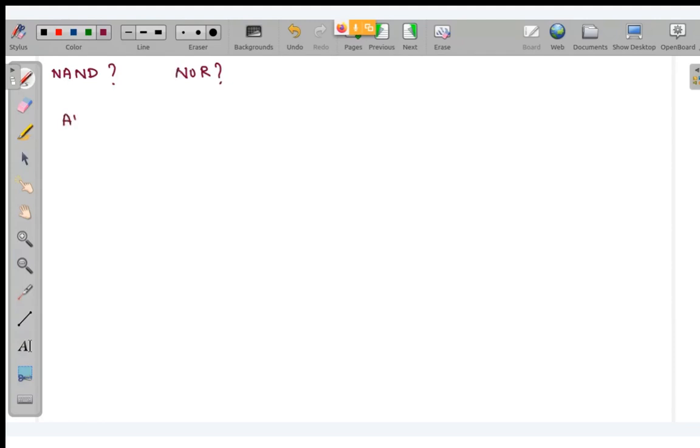So look very carefully. Are they the same thing? Will this equation hold true? Tell me yes or no. Or even this one.